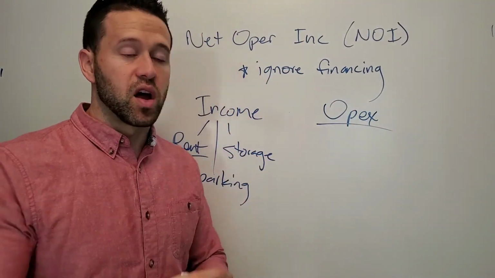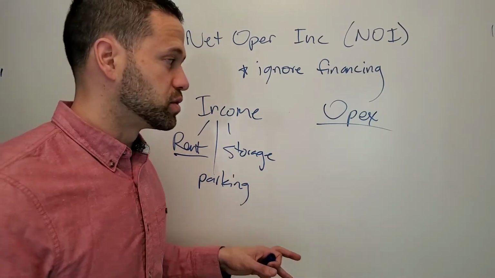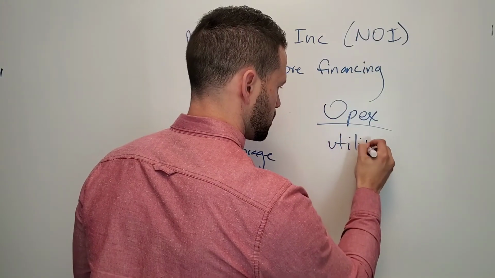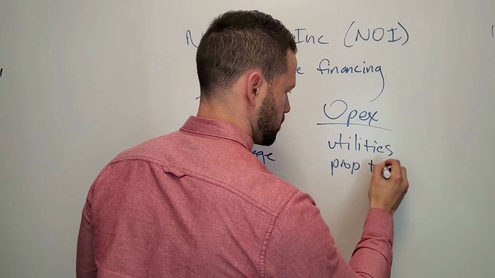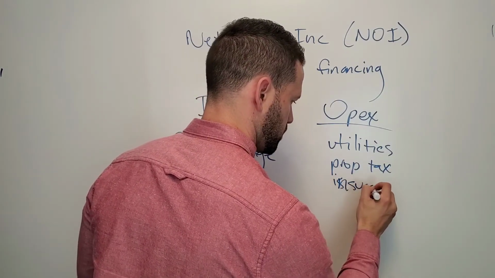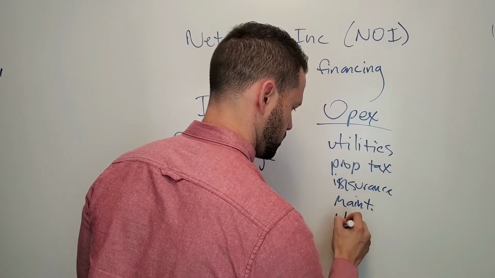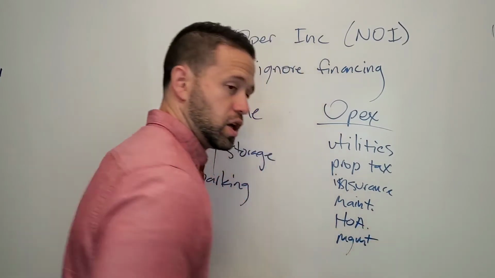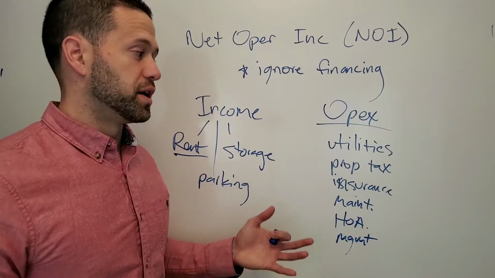Operating expenses is all your expenses besides financing. So I'm going to list out the main obvious ones, okay? These are all things that you have to pay for to keep your property running.